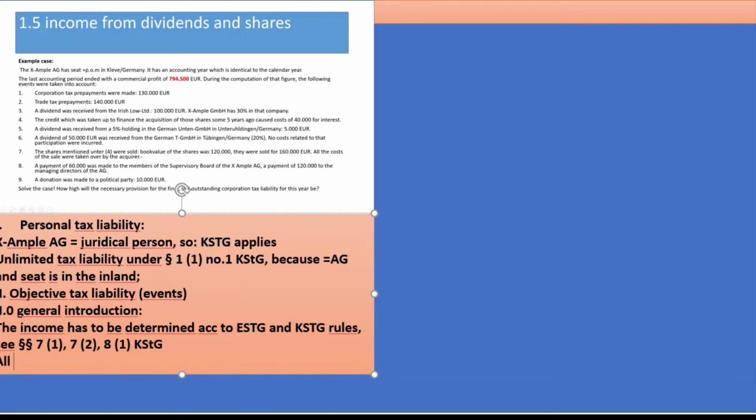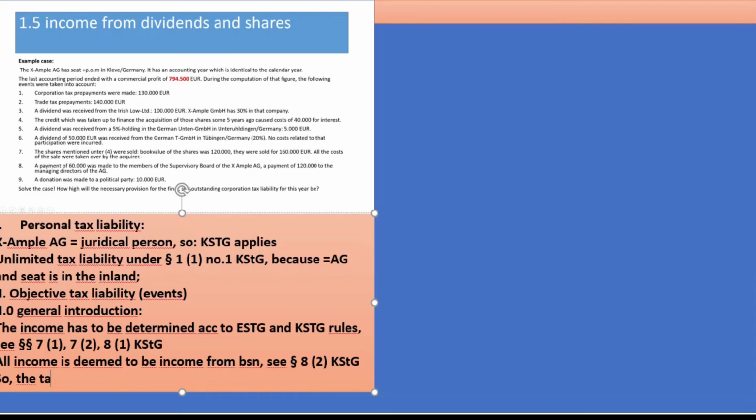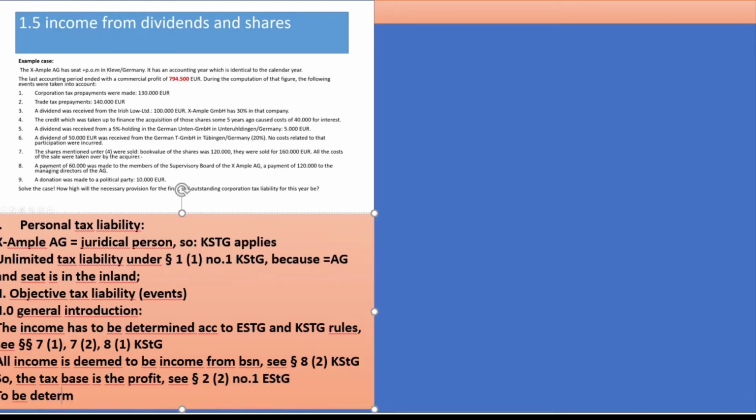All income is deemed to be income from business, paragraph 8.2 KStG. So the tax base is the profit, paragraph 2 number 1 KStG, to be determined by balance sheet, paragraph 4.1 KStG.